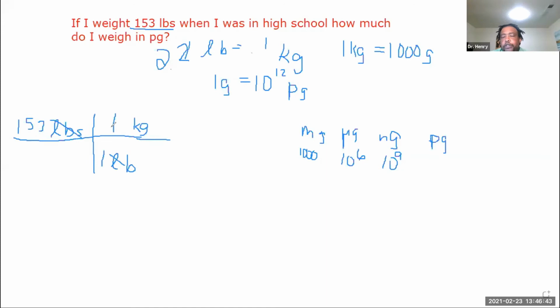Yeah, 2.2 pounds equals 1 kilogram. Kilograms are less units than, make sure I'm not lying to you. Yeah, kilograms are less, so technically, 1 kilogram is going to be roughly 2.2 pounds.